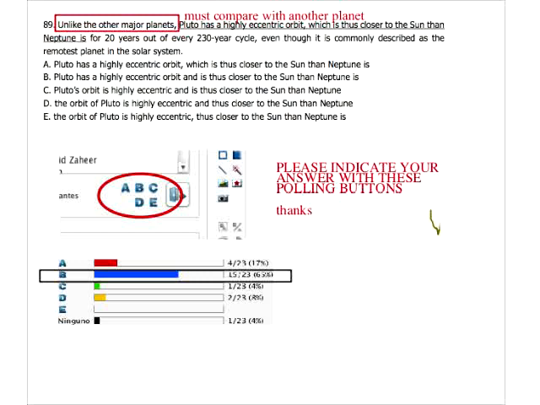But okay, so based on that comparison, we can eliminate the ones that are not Pluto. The orbit of Pluto is not Pluto. So these three are incorrect. These two are actually Pluto. Pluto is unlike the other major planets.